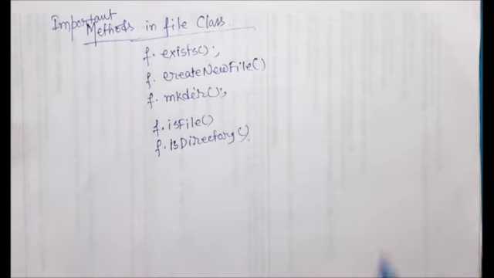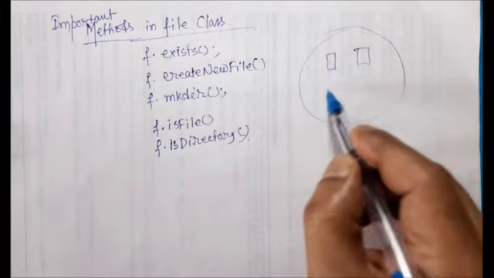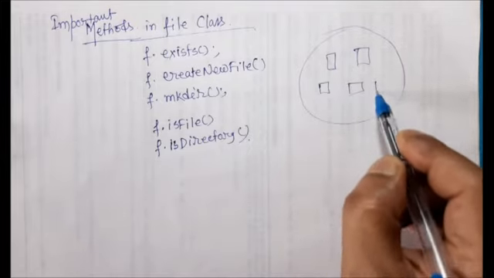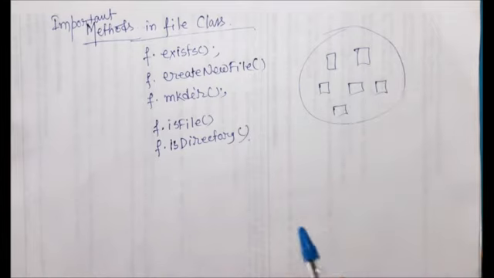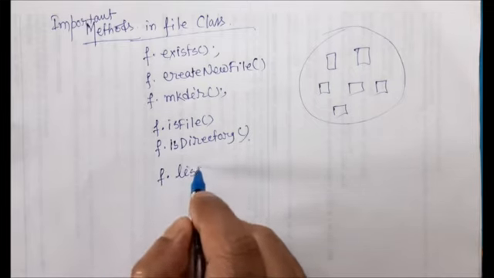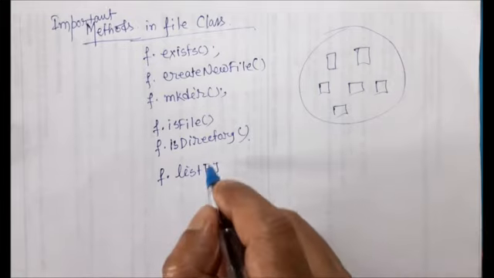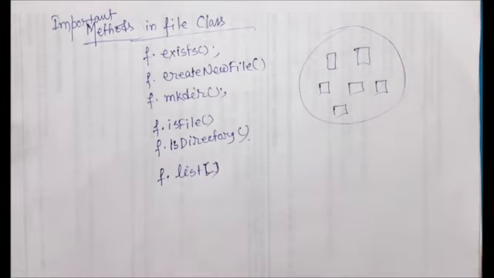Suppose in my directory there are so many files available. If I want to know how many files are there, we have another method called the f.list method, which lists the names of the files, and from this we can understand how many files are present in my directory.